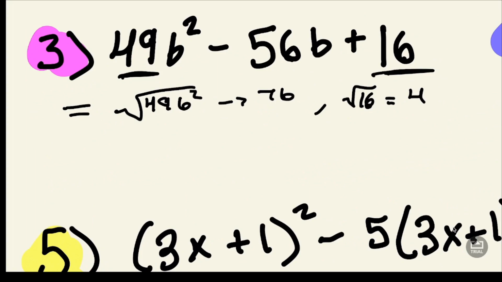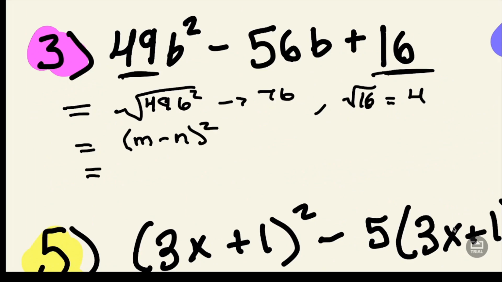Now, the general format of a perfect square trinomial stays the same. It's always the square root of the first value minus the square root of the second value, squared. So, for example, m minus n squared. That's your general formula.